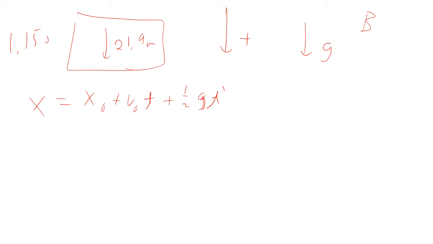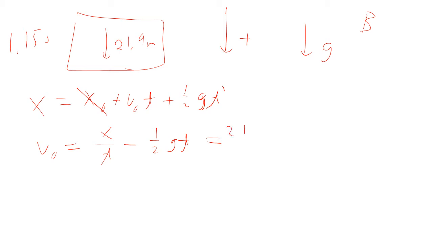So I'm going to say that x naught is 0. So we do some algebra here, and we find that v naught equals x over t minus 1/2 g t.